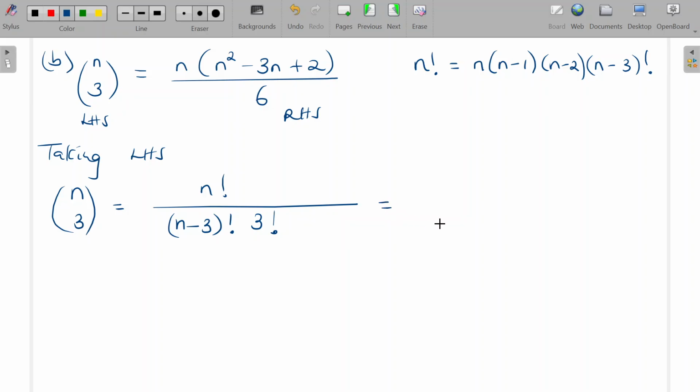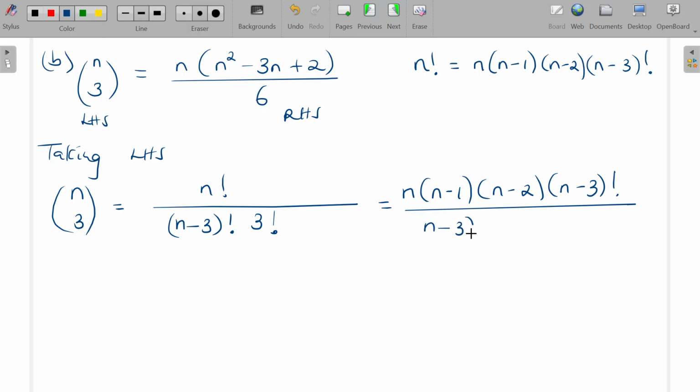So this is equal to, I'll write what I've gotten there, n, n minus 1, n minus 2, n minus 3 factorial over n minus 3 factorial times 3 factorial.